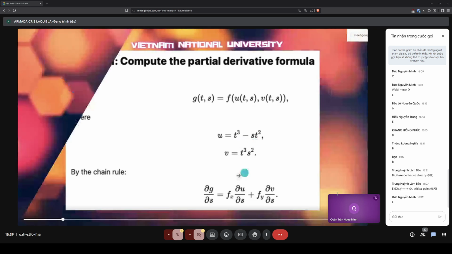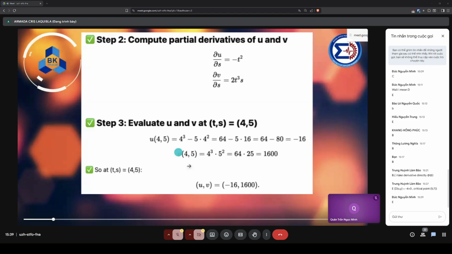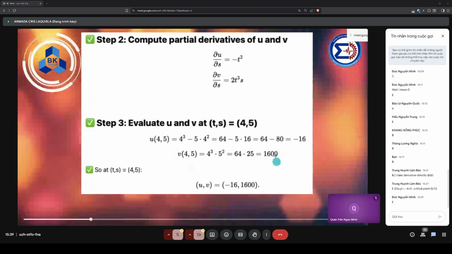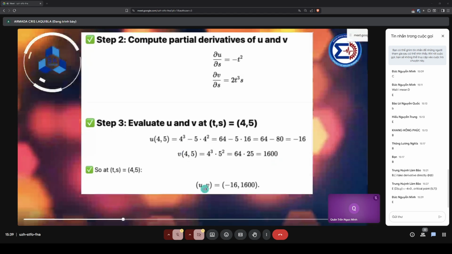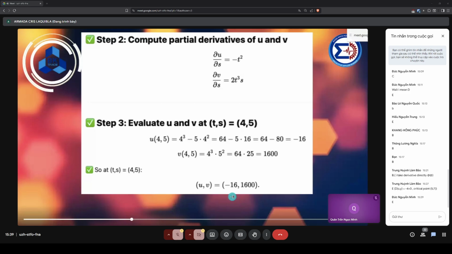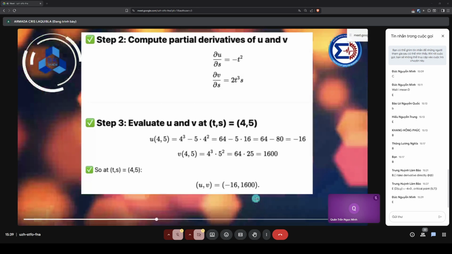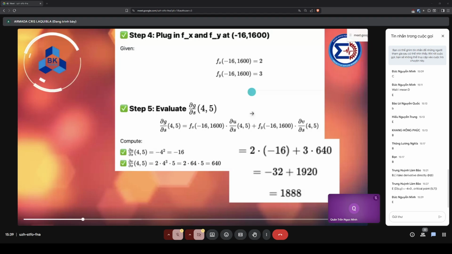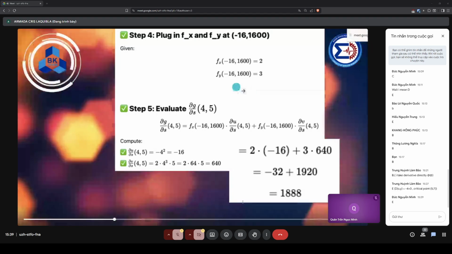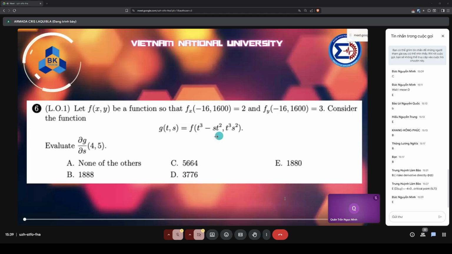And then your v(4, 5), when you substitute, is 1600. So your (u, v) is (-16, 1600), and that is actually the point where you evaluate fx and fy. They are given in the question. It's 2 and 3 there.